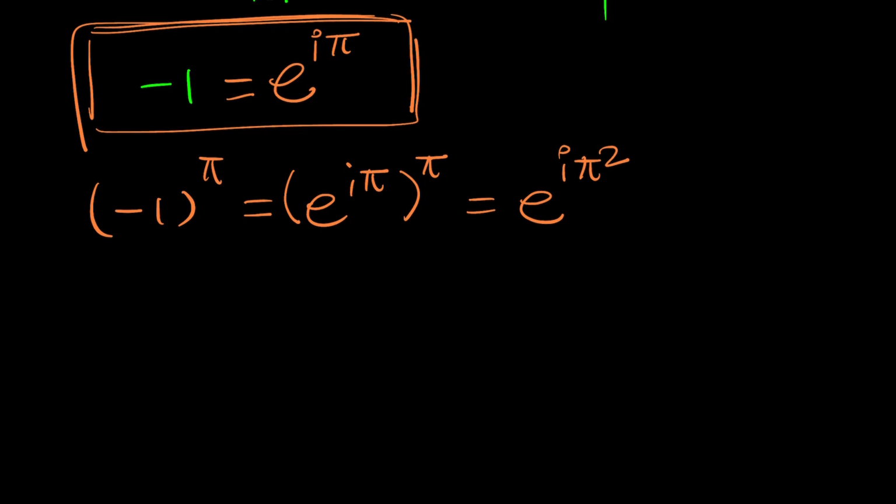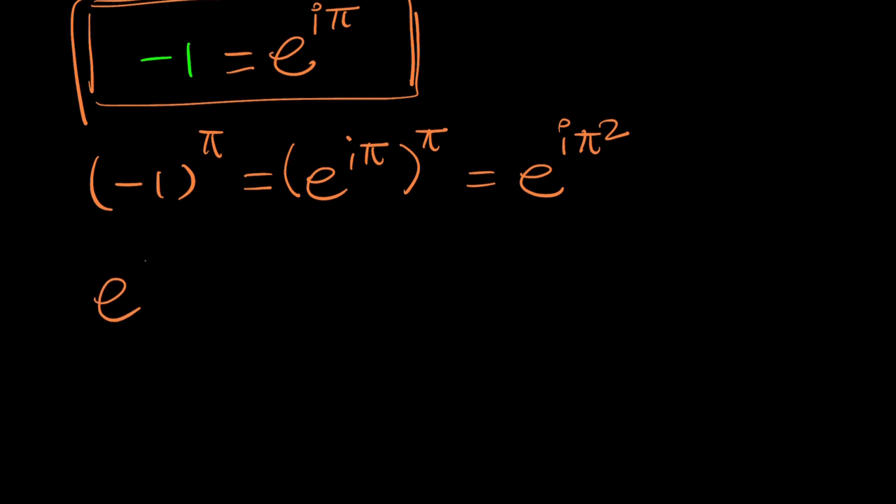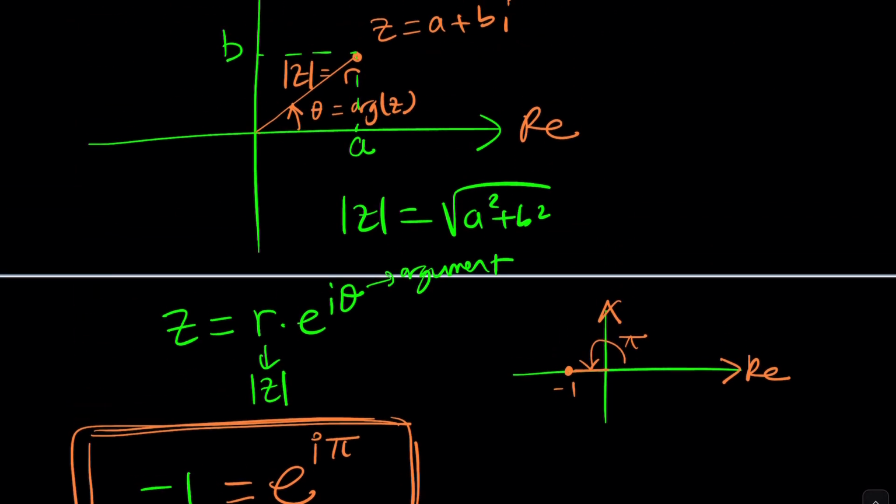So let's go ahead and talk about the polar form of a complex number, or the trigonometric form, and Euler's most beautiful formula. Okay, so here's how the formula goes. e to the power I theta equals cosine theta plus I sine theta. So basically, remember I told you that any complex number can be written as r times e to the I theta.